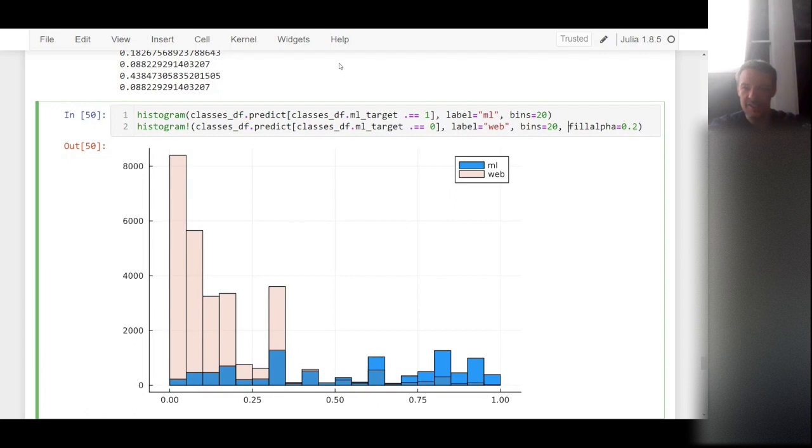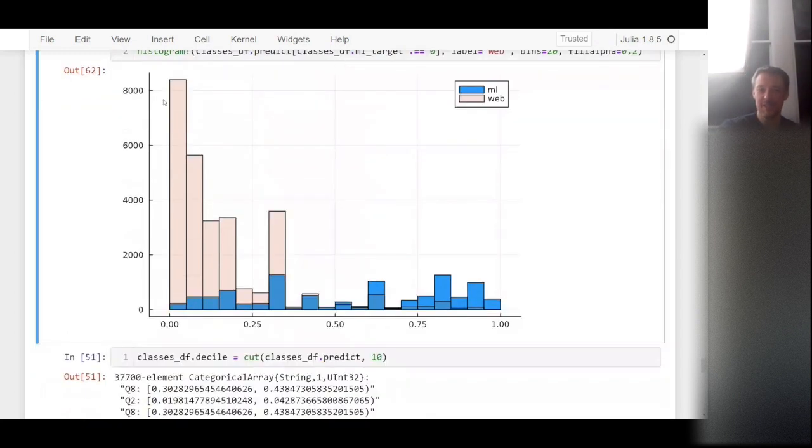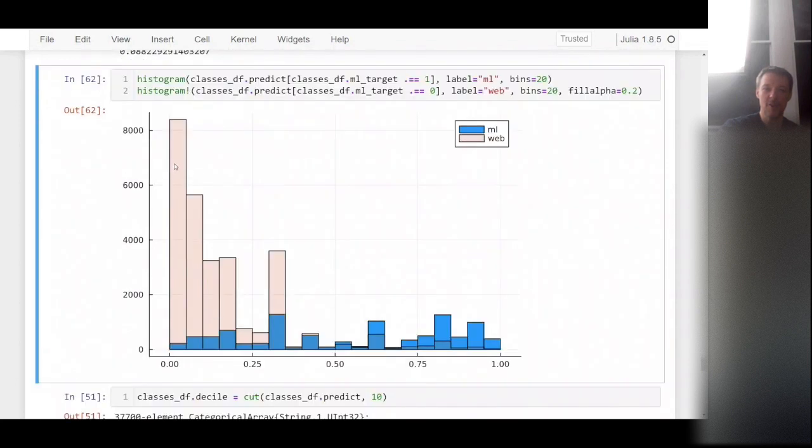And if I run this, we already see that we have this transparency, and we can see for low predictions, those are mostly web developers. And for high predictions, those are mostly machine learning developers. So we get a first confirmation that indeed our model works, which means it separates machine learning from web developers.